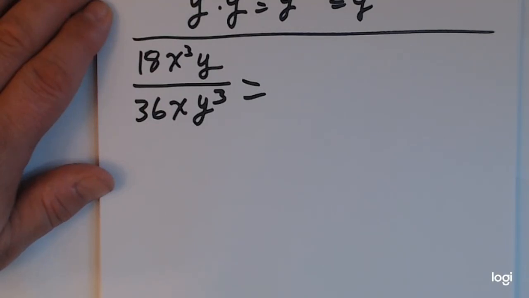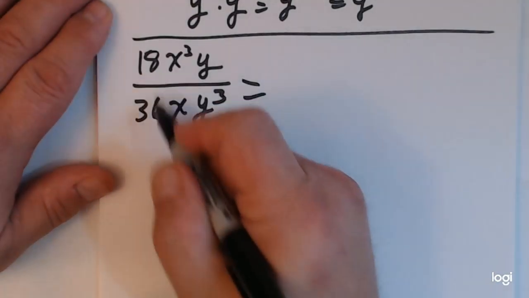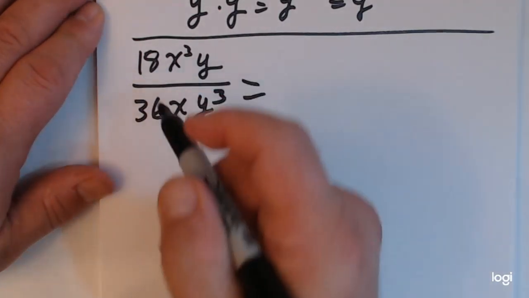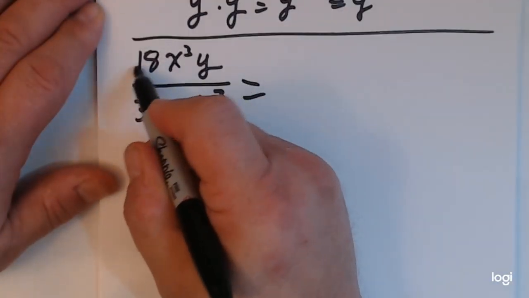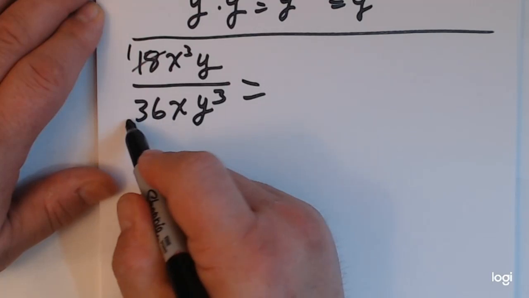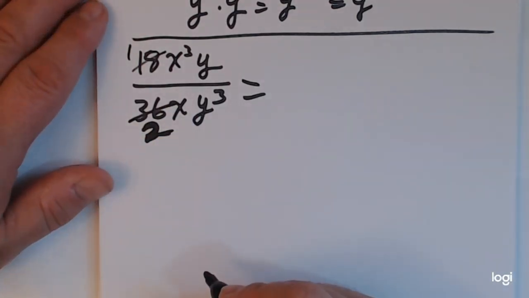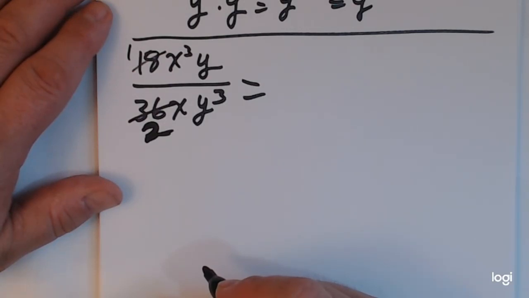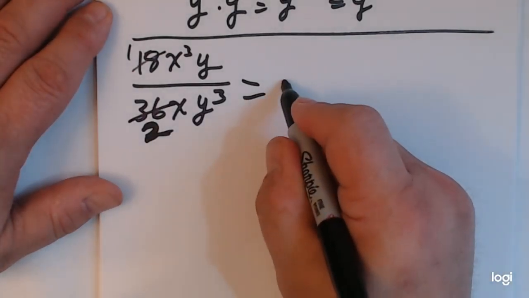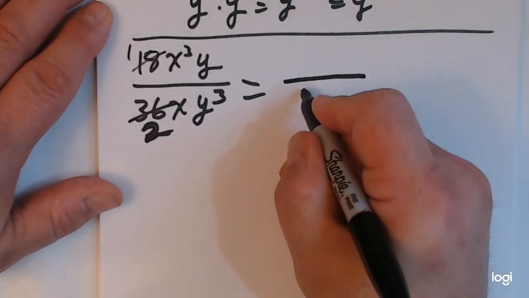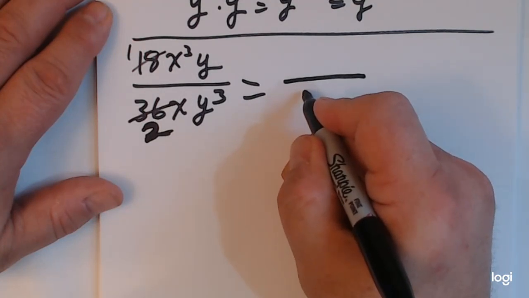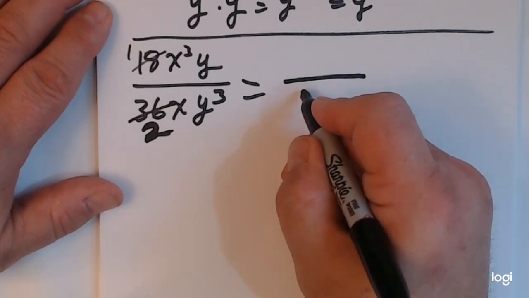Well, I think by now most of you realize that 18 times 2 is 36, so 18 is the greatest common factor here. So 18 goes into itself once and into 36 twice. So we're starting off with a 2 in the denominator.